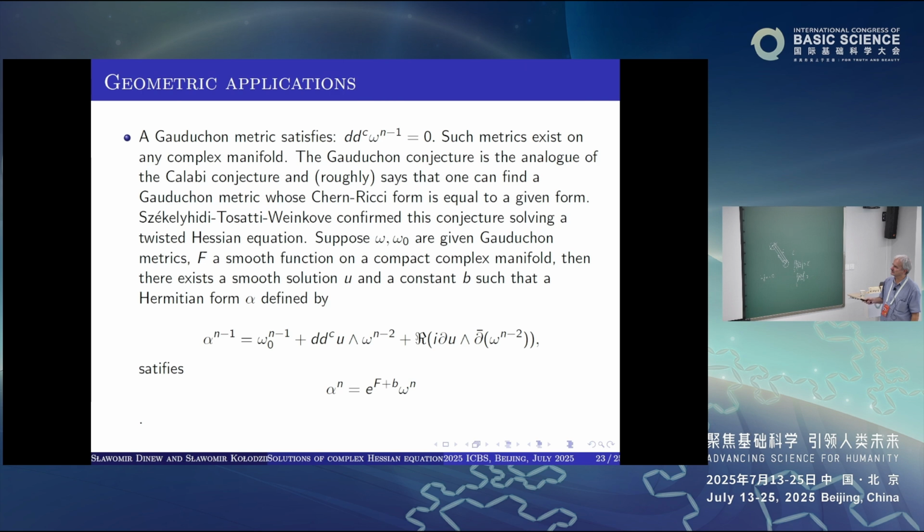So this is the definition of the Gauduchon metric, which is far more general than the Kähler case, because on a compact manifold you do not necessarily have a Kähler metric, but on any complex manifold you have a Gauduchon metric. And there is an analog of the Calabi conjecture for Gauduchon metrics, which says that given the Chern-Ricci form, which was also defined today, I think.